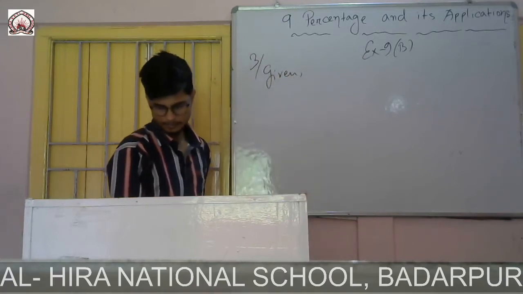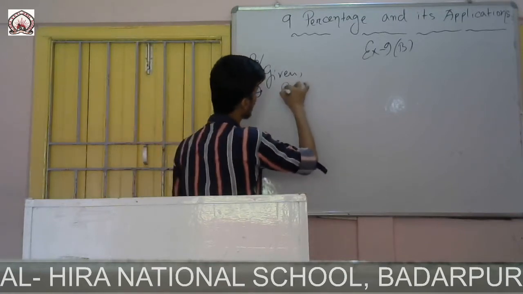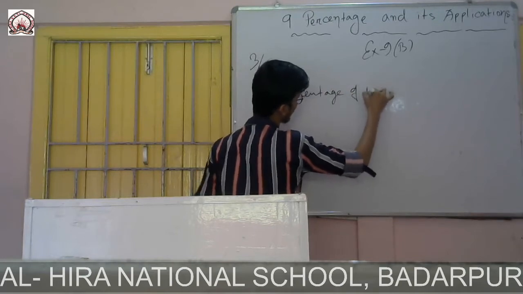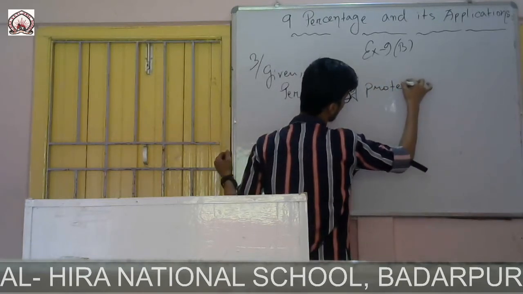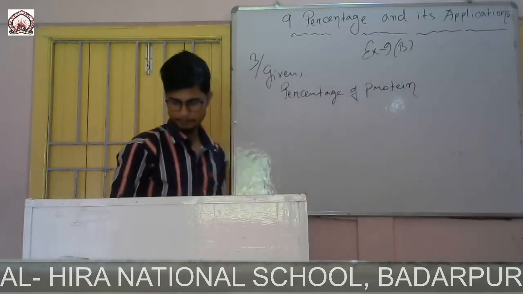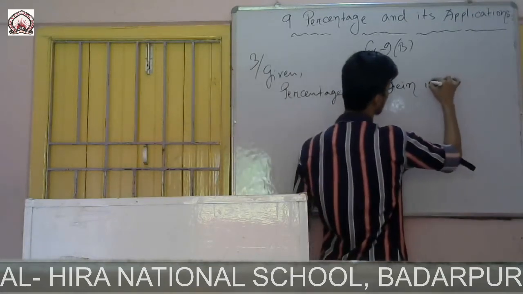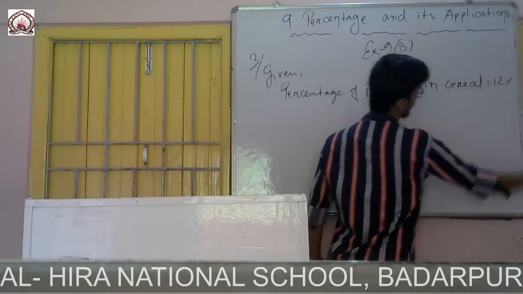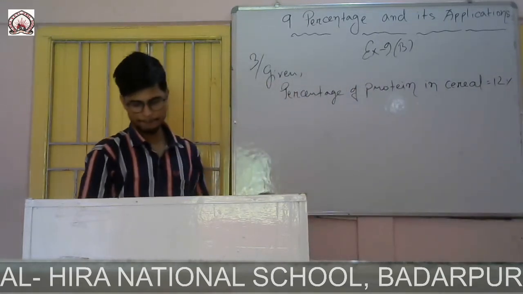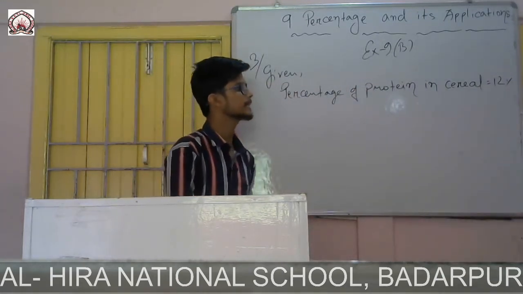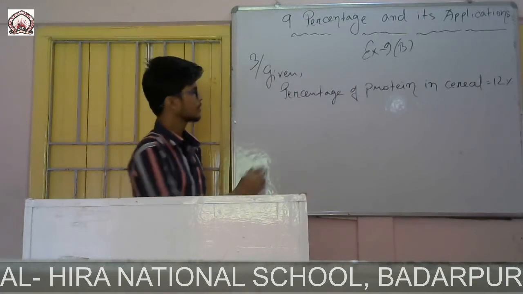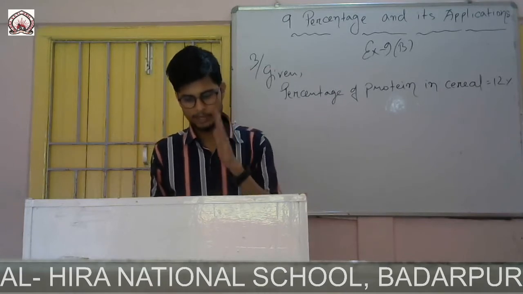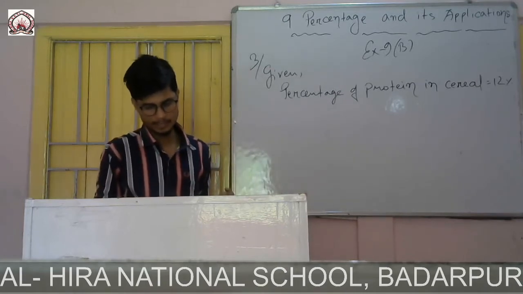Given percentage of protein in cereal. What is the percentage? It is 12%. So the percentage of protein in cereal is given as 12%. So you have to find how much protein will be there in 14 gram.